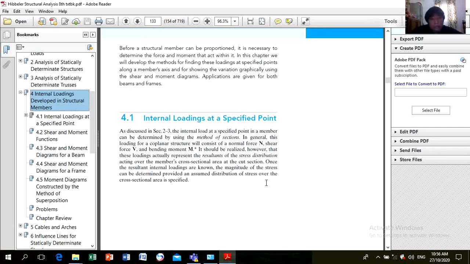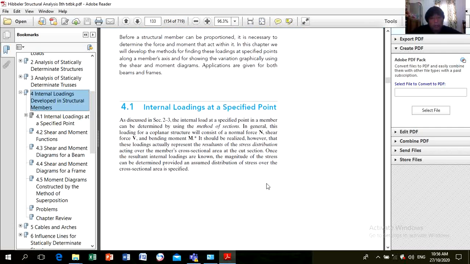So here we will go to internal loadings at a specified point. As we discussed in the previous section, the internal load at a specified point in a member can be determined by using the method of sections. In general, this loading for a coplanar structure will consist of a normal force N, shear force V, and bending moment M. It should be realized, however, that this loading actually represents the resultant of the stress distribution.